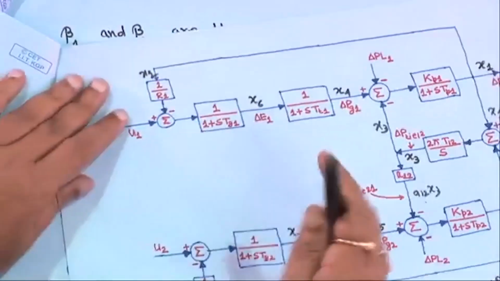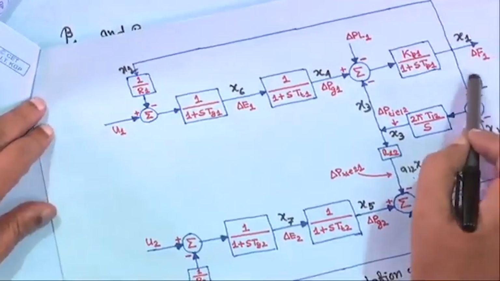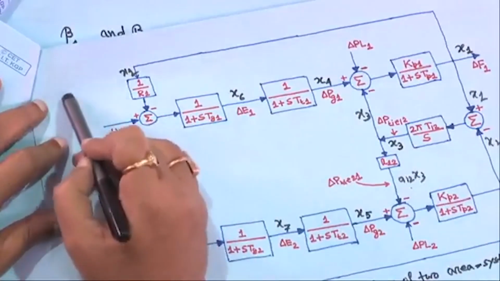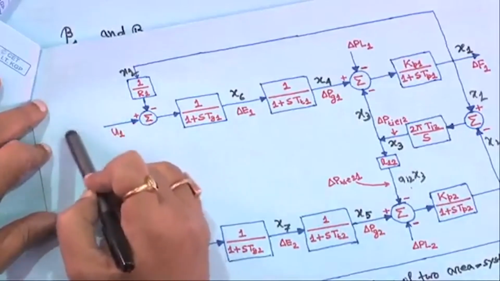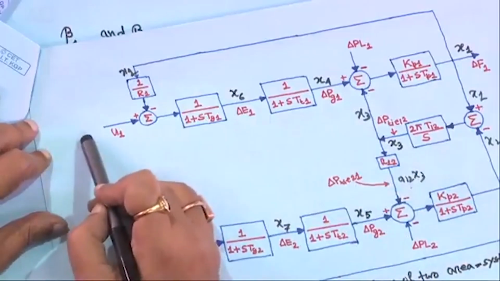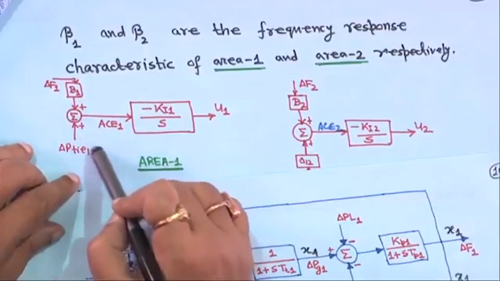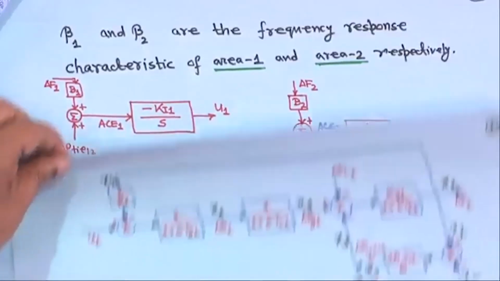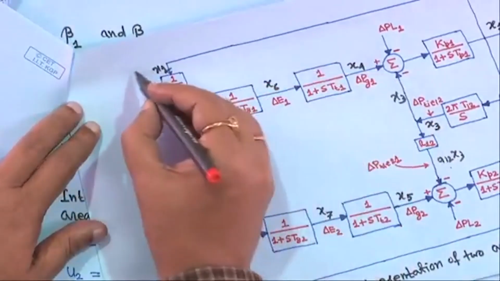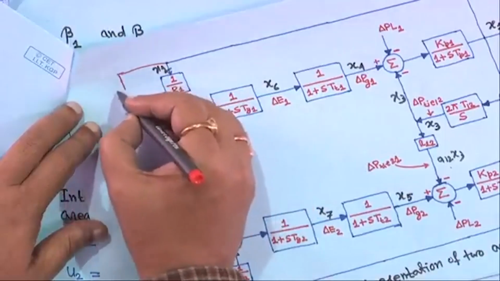That means if you draw it from here, this is delta F1. From here, this delta F1 is multiplied by B1 and summed up, and on this side you take the delta P tie 1 2. I am making it for you for area 1.